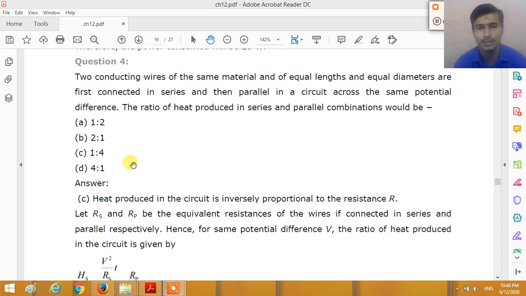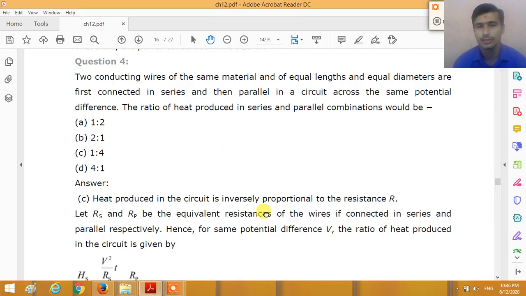So how do we calculate this? Here the two conducting wires of the same material, same length and equal diameter are first connected in series, then connected in parallel with the same potential difference. What will be the heat produced in the circuit?